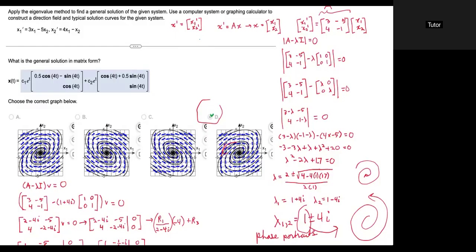However, we don't know whether it is spiraling outwards clockwise or counterclockwise because it can be going in this direction or in that direction. So how do we tell?